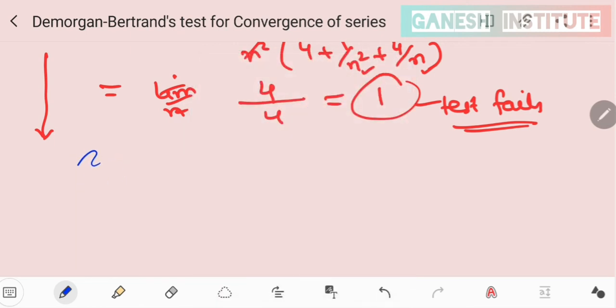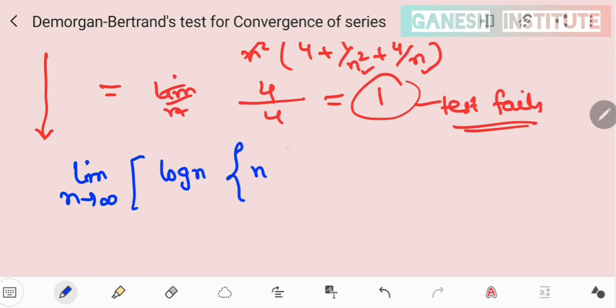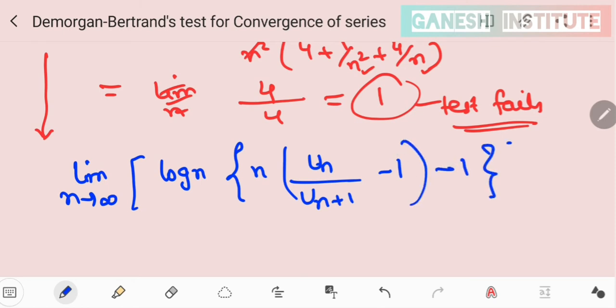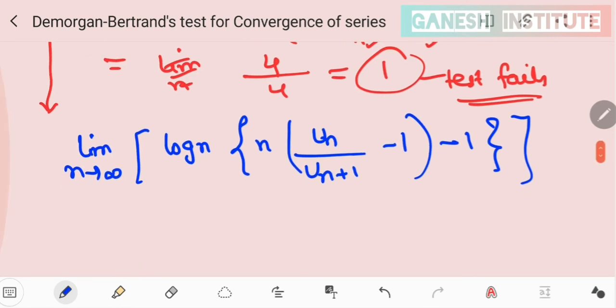So basically what this test means is that you need to find out the value of limit n tends to infinity, log n times un by un plus 1 minus 1. Okay, this is the value for Raabe's test. Then subtract 1 from there, and this is the value which you need to find out. Whenever you apply Raabe's test, you need to find out this value.